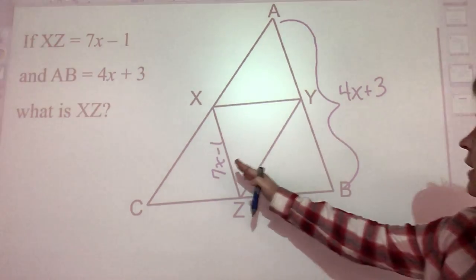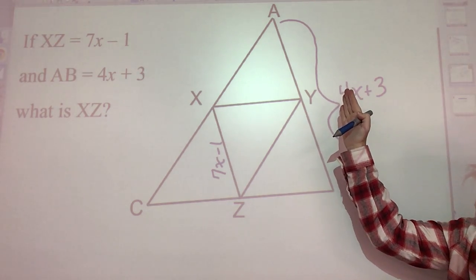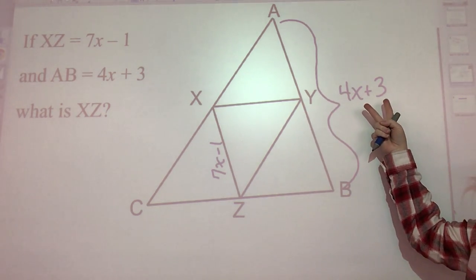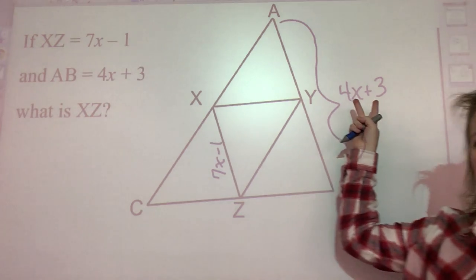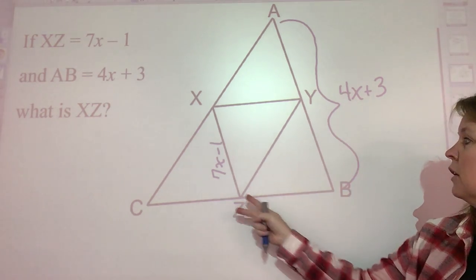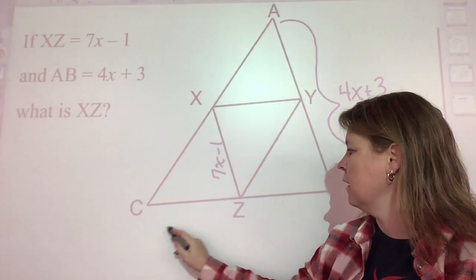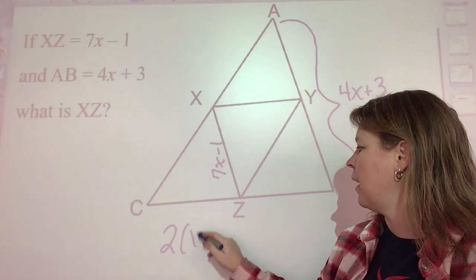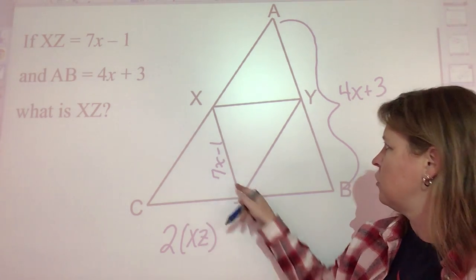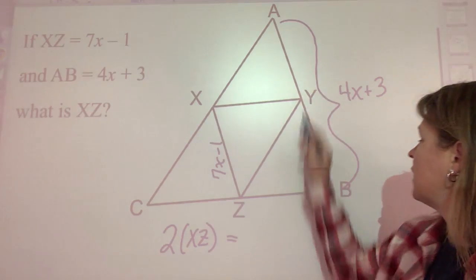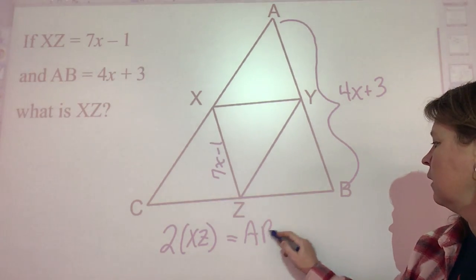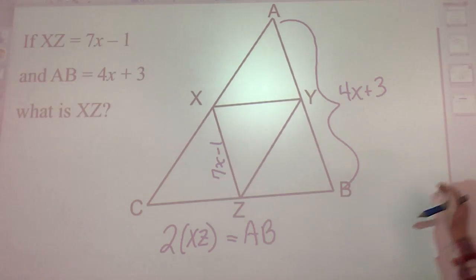We know that XZ is half as large as AB, but we don't want to cut this expression in half. Cutting this expression in half gives us a fraction. So if we take XZ and multiply it by 2, 2 of these would be the same size as AB.